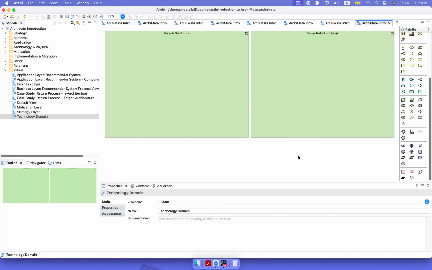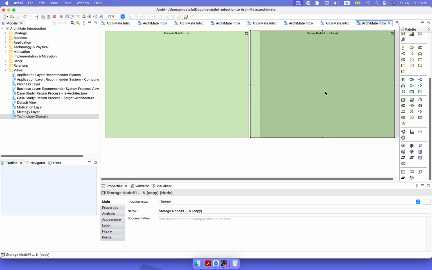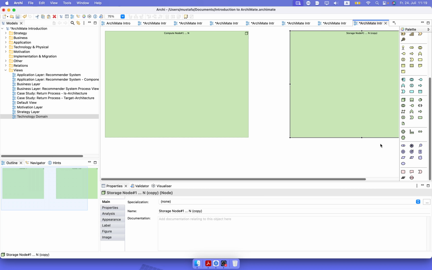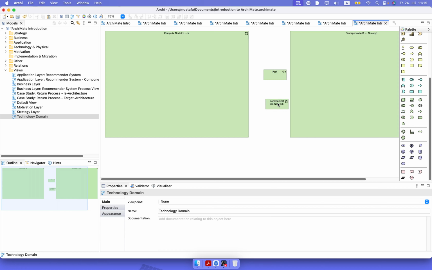So we have here our nodes and how the nodes are communicating with each other, of course, over a network. Interesting here is you have a path and a communication network. Let's see both of them, a path and a communication network. One of them is a realization of the other.